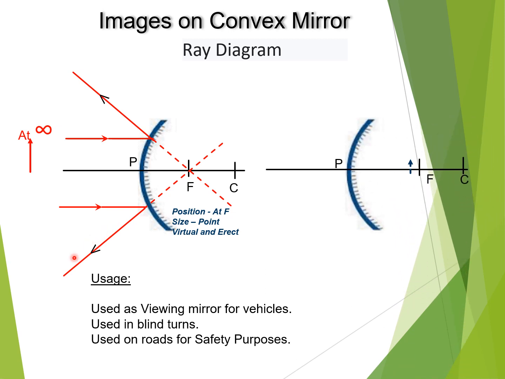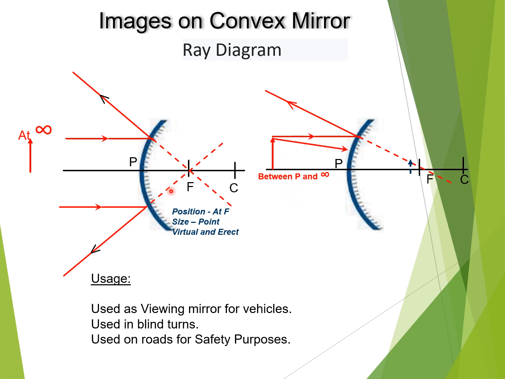Second condition is if the object is placed between P and infinity. In this case, this is the ray, incident ray, parallel to the main axis. Again, it will be diverging and appear to be passing through focus point as was there before.